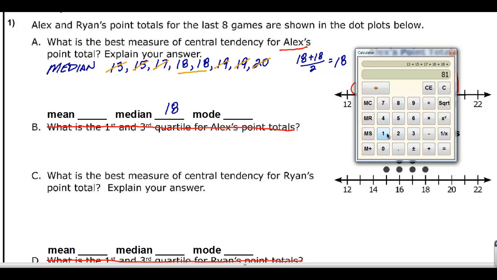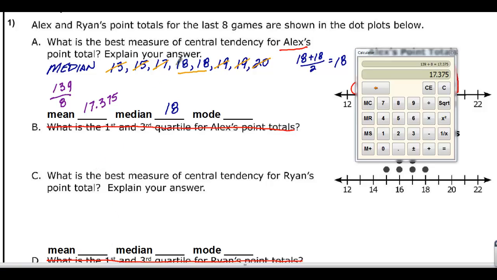If it appears twice, we put it in twice. And 19 and another 19 and the 20, and we get 139. And we're going to divide that by 8 because there are 8 pieces of data. So if you divide that by 8, we get 17.375.